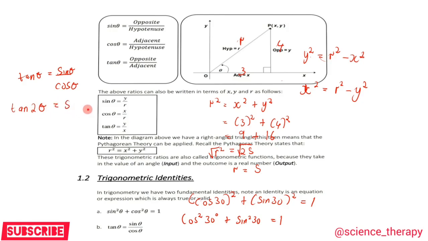What you do on this side with the angle, you also have to do on that side. So you have sine 2 theta over cos 2 theta. That would be something they give you in grade 12, with the double angles, of course.